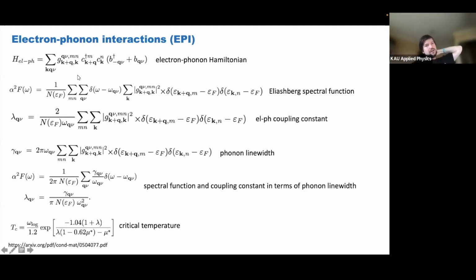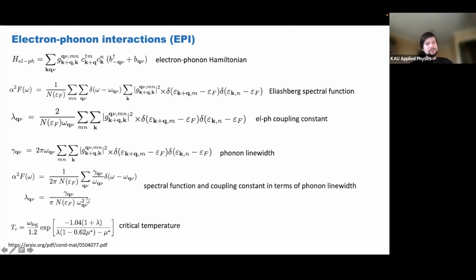From this matrix we get the spectral function and the electron-phonon coupling constant. From the spectral function we integrate and get this omega, like omega critical, and then we can estimate, even not calculate, but estimate the critical temperature. And I will send you these papers. They're really brilliant, but they are like 64 pages each.